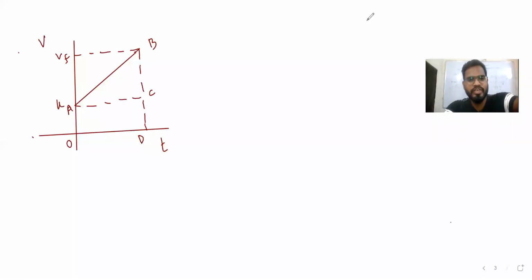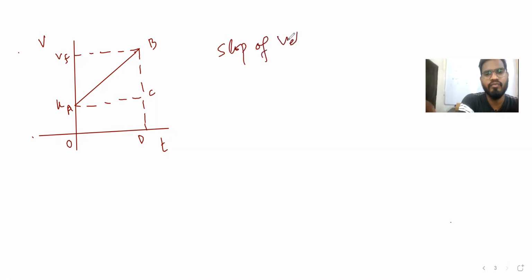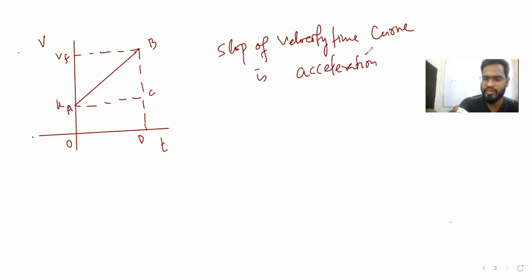So what we can do here is, see, the slope of the velocity time curve is what? The slope of the velocity time curve is acceleration. We did this last class. If not, even now you can see, that is not a big deal.